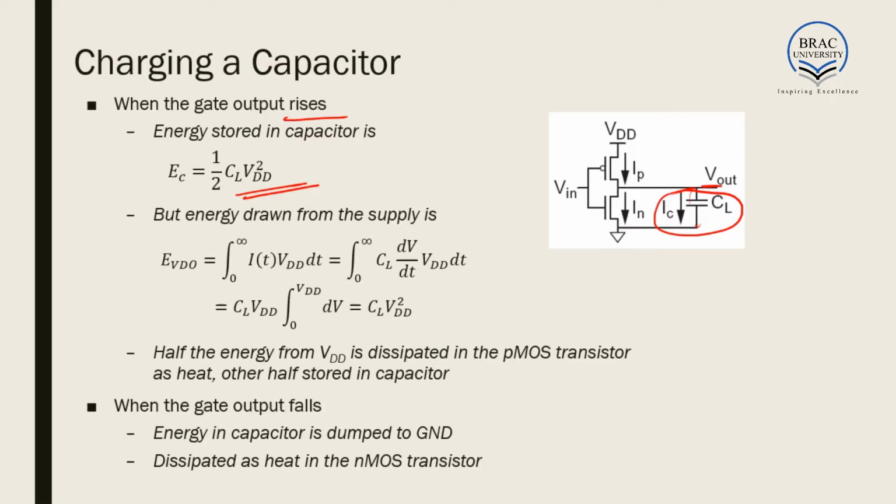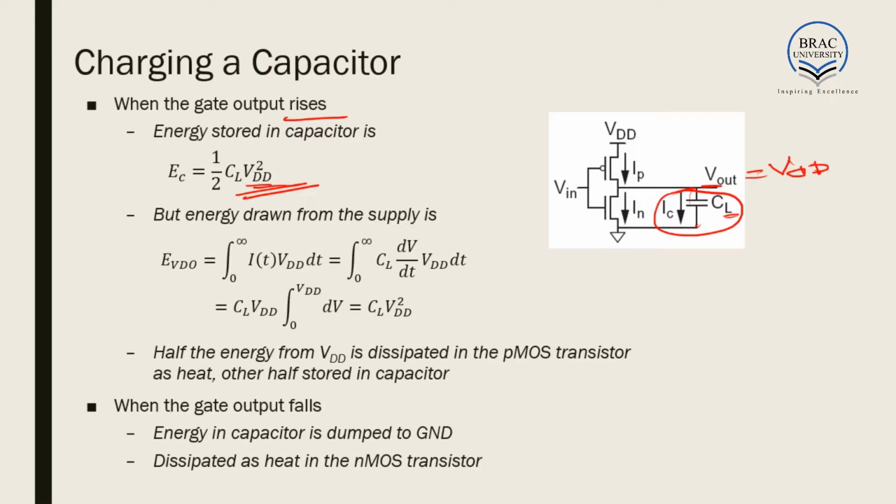It is to be noted that in this case, when the output rises, Vout would be equal to VDD. If Vout is equal to VDD, Ec becomes half CL VDD squared. So the voltage Vc is replaced by VDD, and the name of the capacitor is CL.